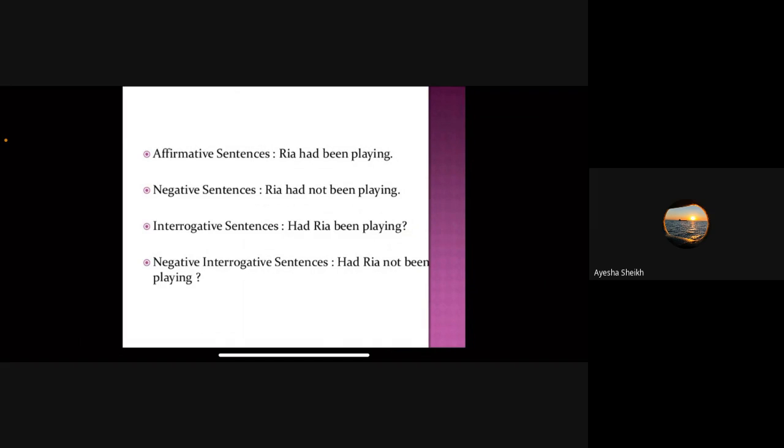In the question, they have started with had. That is the most important thing. Had Ria been playing? So between had and been, what will come in between? The subject will come in between. Had you been learning? Had she been playing? Like that. So when you ask a question, you have to remember that the subject will come in between had and been.